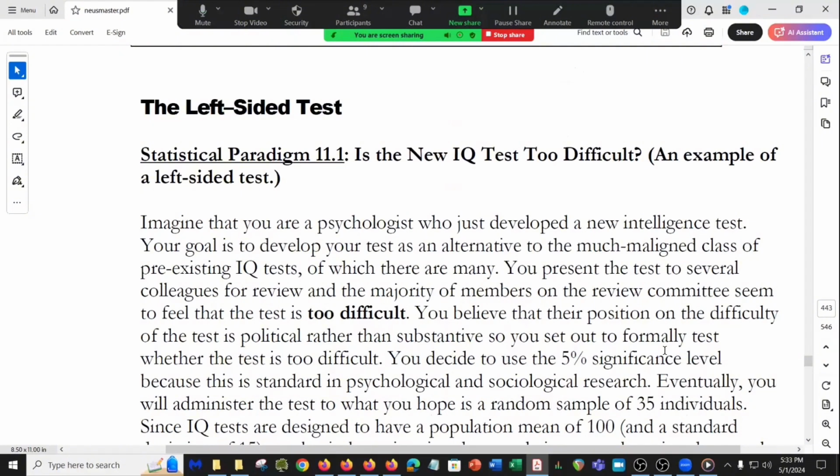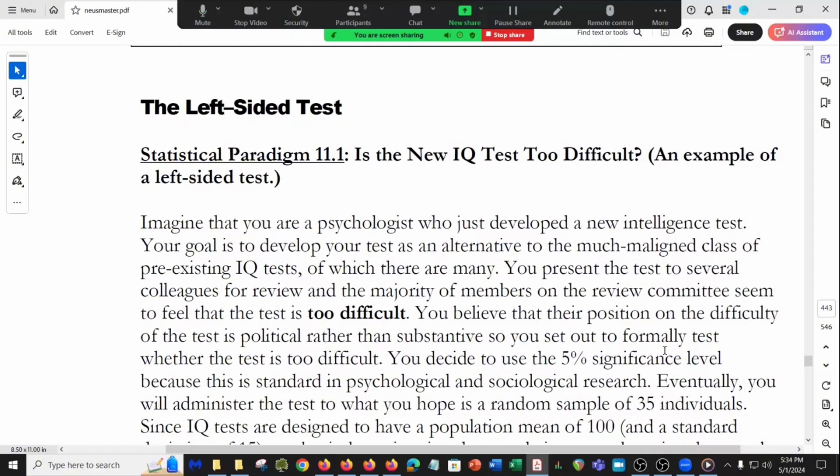Let's look at a left-sided test. Here's a statistical paradigm. Is the new IQ test too difficult? Imagine that you are a psychologist who just developed a new intelligence test. Your goal is to develop your test as an alternative to the much maligned class of pre-existing IQ tests, of which there are many.